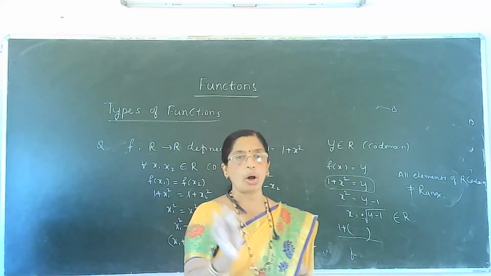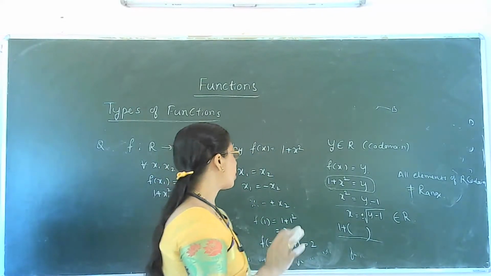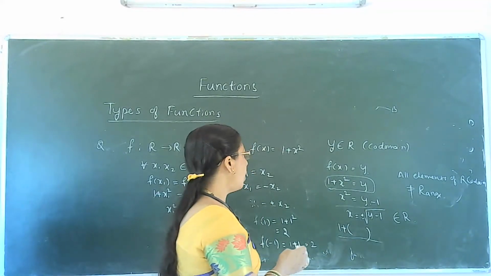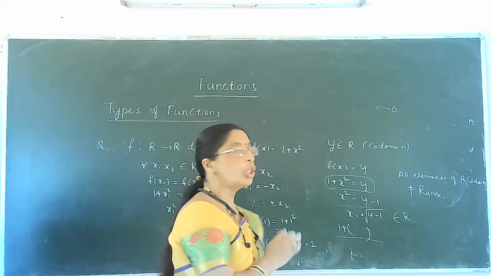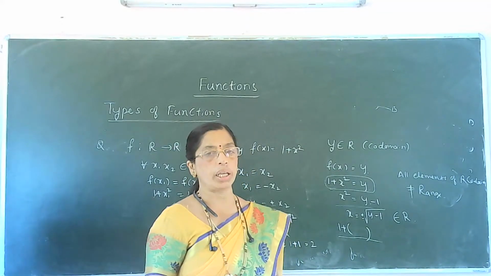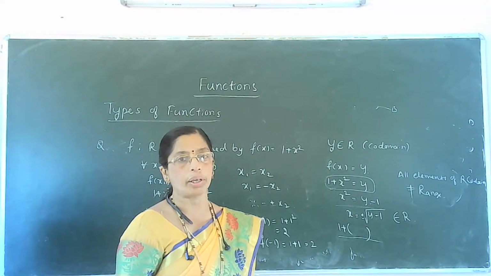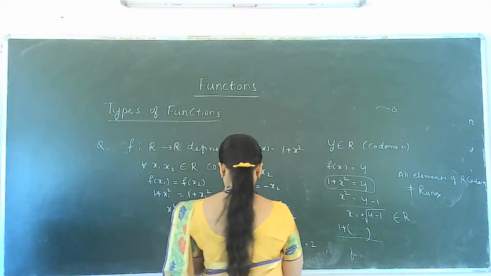But elements less than 1 are not the images of the elements of x. Therefore, the codomain of the function is not equal to the range. You check whether the range is equal to the codomain or not. It's not equal. Therefore, it's not an onto function.